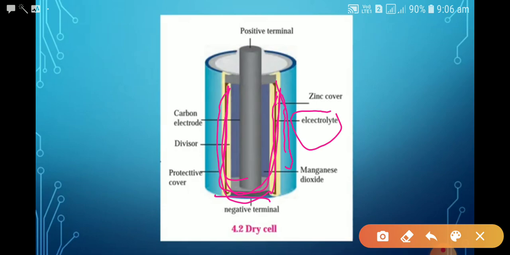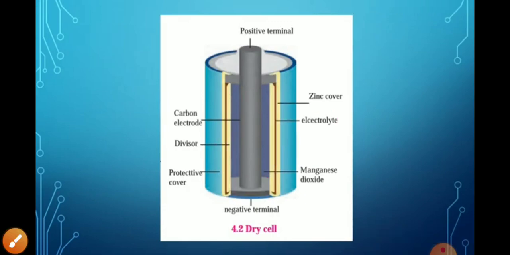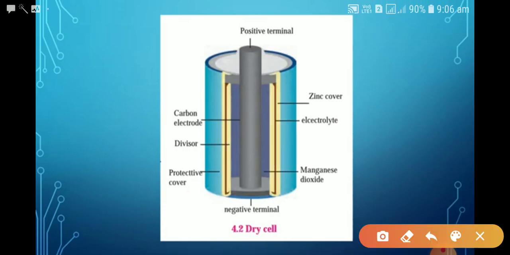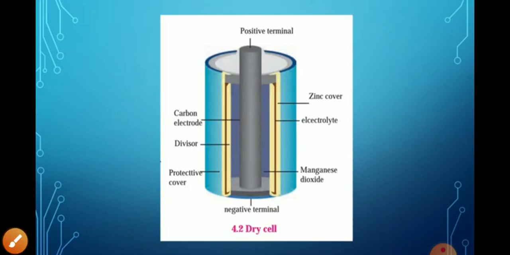What does the mixture contain? Zinc chloride and ammonium chloride. So remember, first we see the zinc plate at the bottom, white color, called the negative terminal. Now if you open, there is a mixture of zinc chloride and ammonium chloride, called the electrolyte. The electrolyte's function is charge carrying. It contains positively and negatively charged ions.